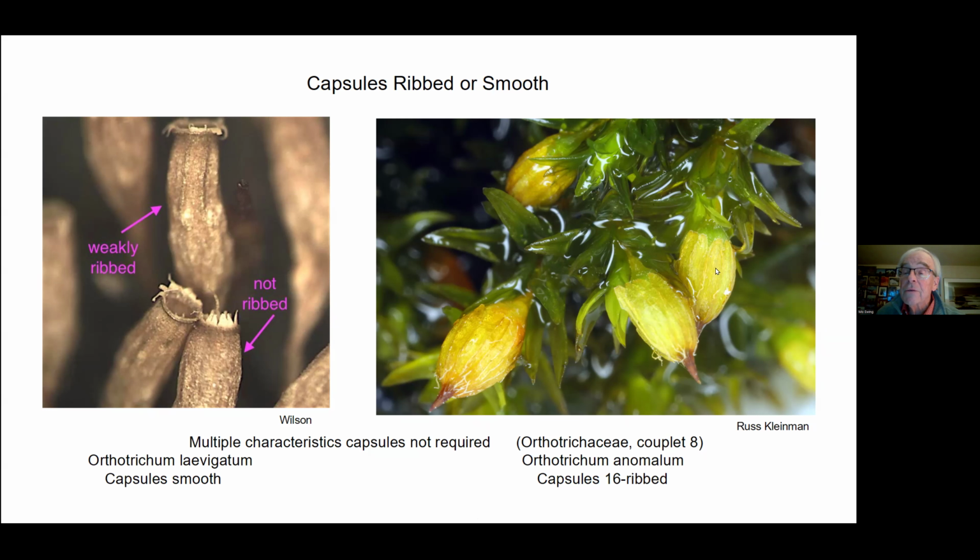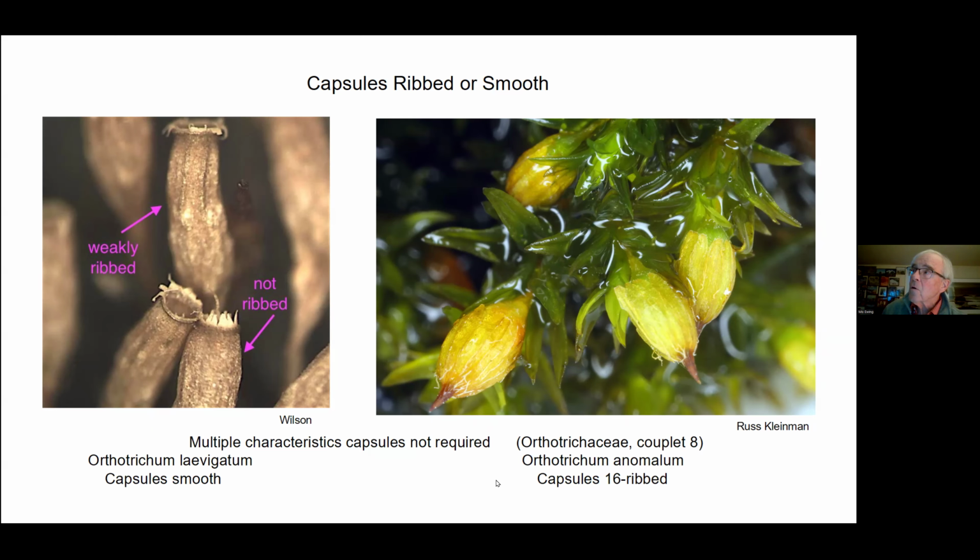But in laevigatum, if they're weakly ribbed, it looks like the ribs don't go all the way to the bottom. And you can see in this case, it's not ribbed at all.